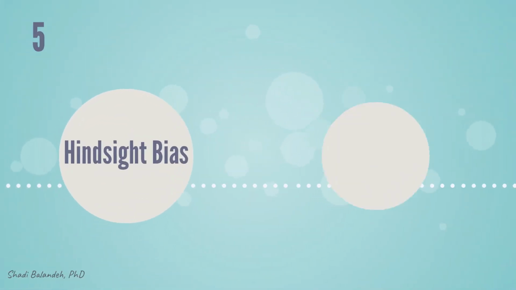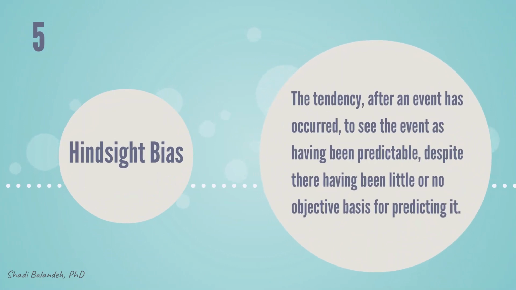Hindsight bias is the tendency to believe, after an event has occurred, that one would have predicted or expected the outcome, even though there was no objective basis for predicting it beforehand. This "I knew it all along" phenomenon can lead to an oversimplification of cause and effect and a misjudgment of one's own decision-making abilities.